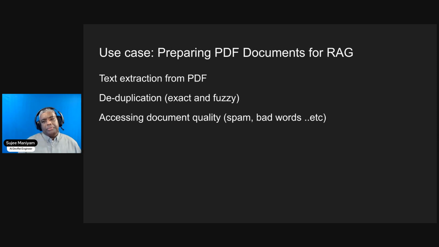The use case I'm going to demonstrate is, let's say I have a bunch of PDF documents, and I want to prepare them for my application. My application could be something like RAG. RAG basically means we want to supply our PDF documents to an LLM, like ChatGPT, and ask questions. So let's say I have a bunch of PDFs from my internal company.